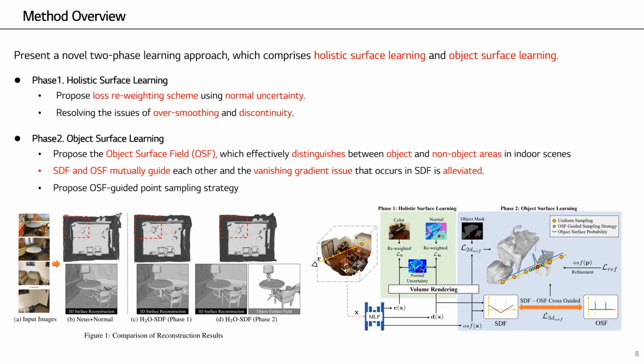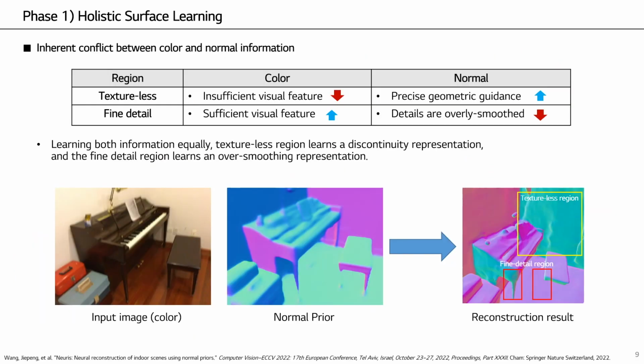To address these challenges, we propose a two-phase learning approach composed of holistic surface learning and object surface learning. Our first phase, holistic surface learning, addresses the inherent conflict between color and normal information.